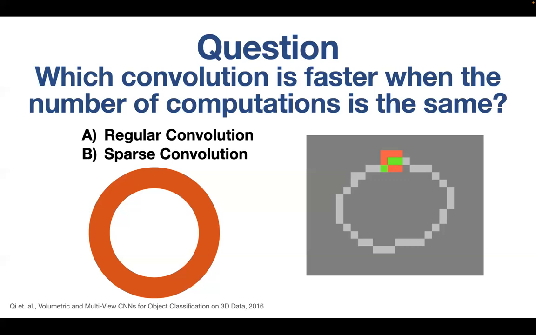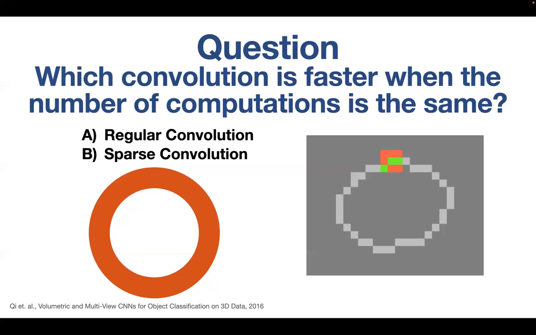When we do sparse convolutions, in every step we need to do a get operation in the hash map, and then the hash map does this random access memory, which usually results in slower time. So when we do sparse convolutions, we can fit a higher resolution object into our memory.